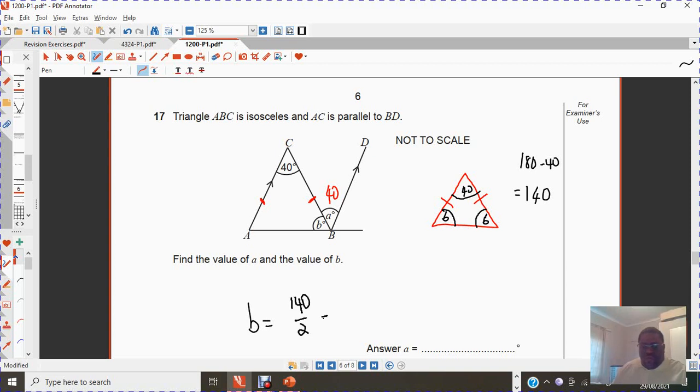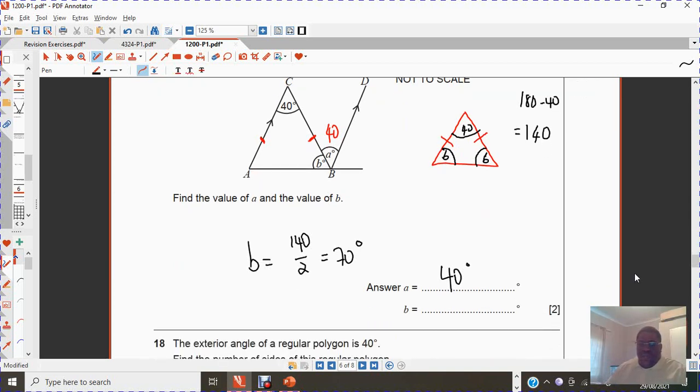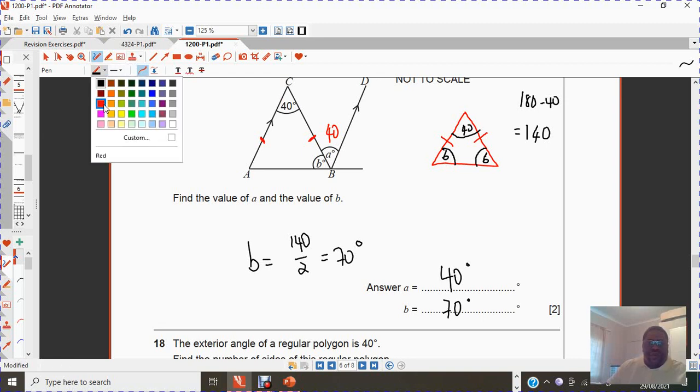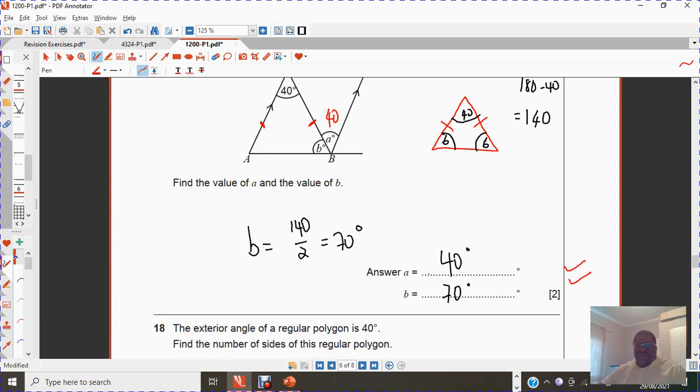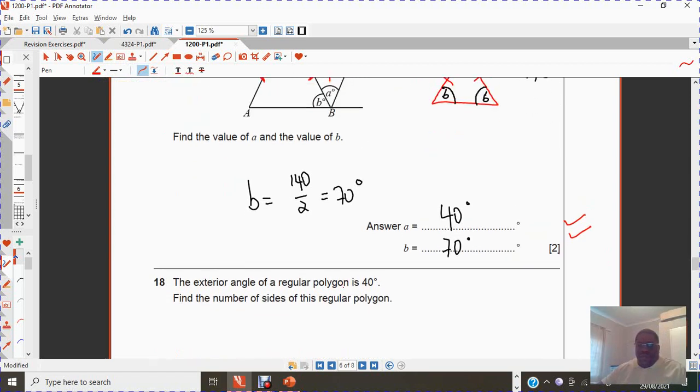You divide that by 2, which gives you B as 70. So A is nothing but 40 degrees, and B is nothing but 70 degrees. So you can actually work through these diagrams and write in the missing values, and then you'll find the answer.